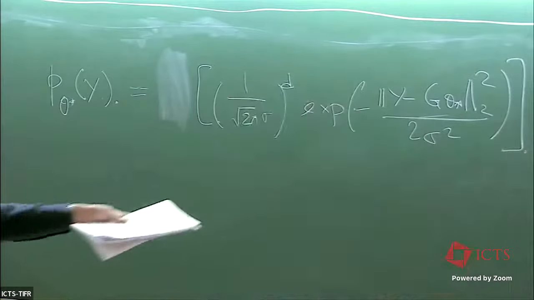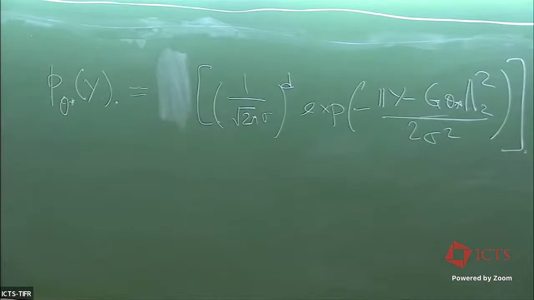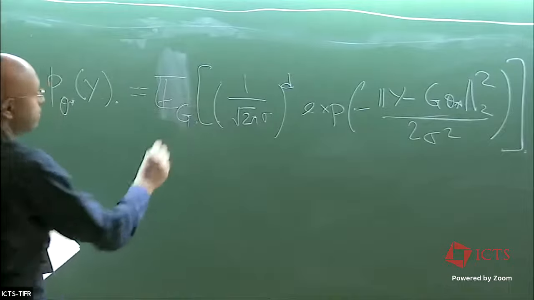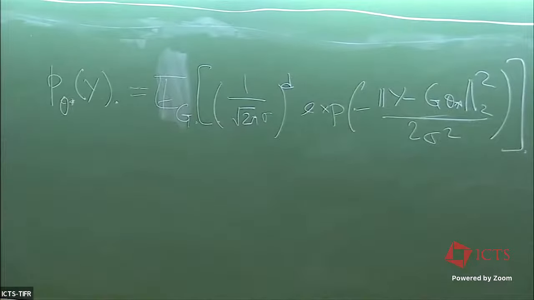This is if g was known, but g is not known, and in fact g is drawn uniformly at random according to the Haar measure on the group script G. So we have to average over it.